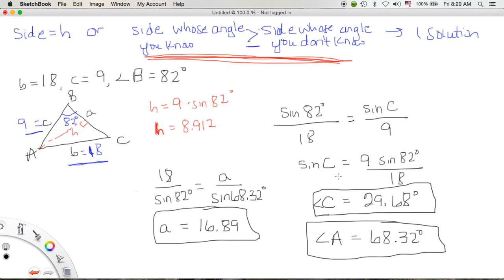So make sure you know which case you're dealing with first before you start trying to solve it, and then find those three pieces. This is a little bit complicated. It takes a lot of stuff to remember. If I were you, I would take the time right now to write yourself a little summary, maybe an index card or something, of a little formula where you write down the law of sines, which cases you use it, and how you know how many triangles are part of your solution.